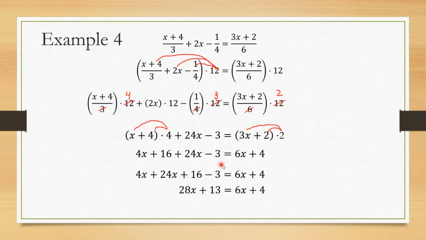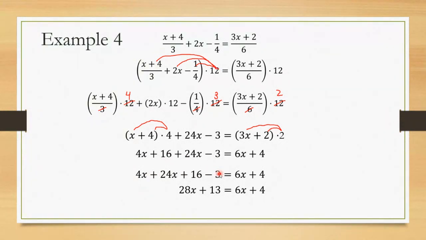Now remember, what we can do here is keep on simplifying the left-hand side. We have some like terms here. Let's put them next to each other. We have 4x and 24x, they're like terms. We have 16 and minus 3, they're next to each other.